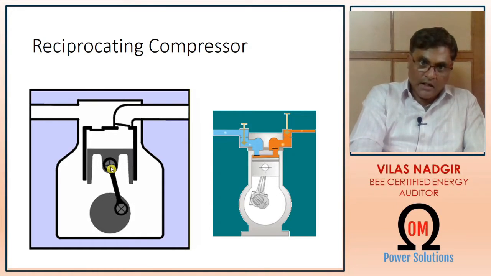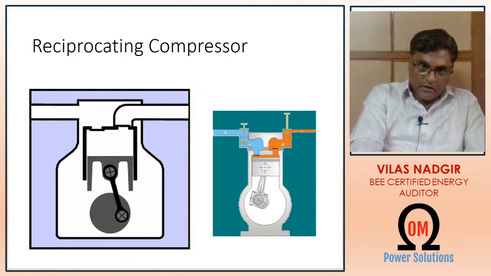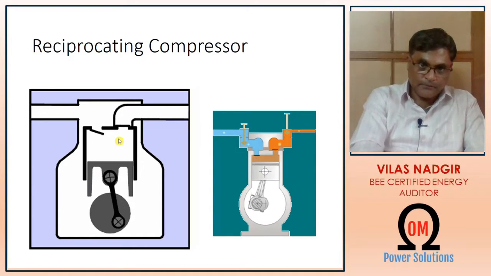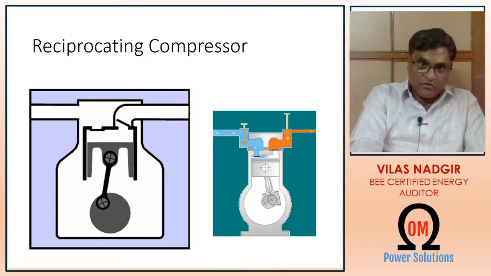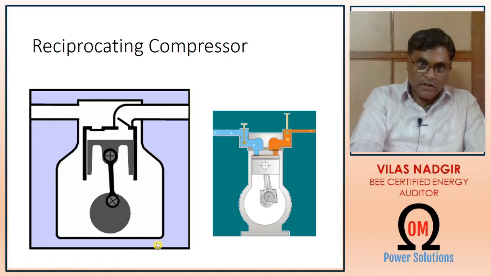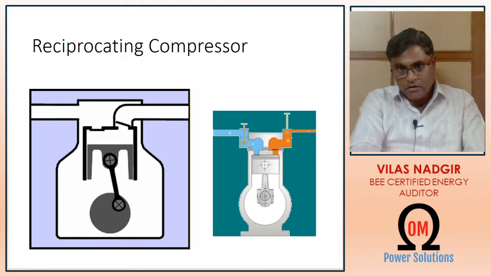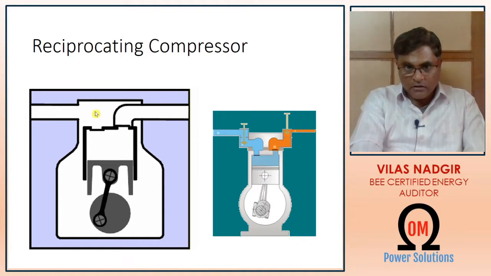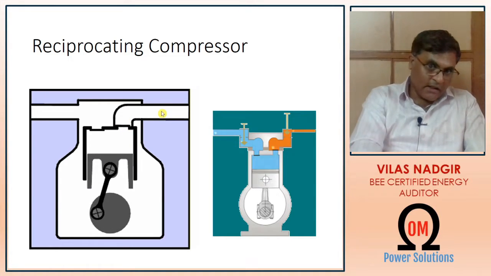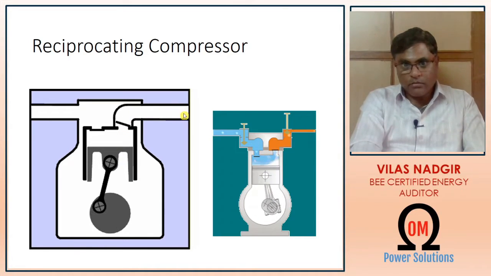When the atmospheric air enters into the cylinder, the piston starts to move upwards and compresses the air. This compression takes place till we get the required amount of compression. As soon as we get the required amount of compression in the cylinder, the outlet valve is opened automatically and the compressed air is fed via this outlet pipe.